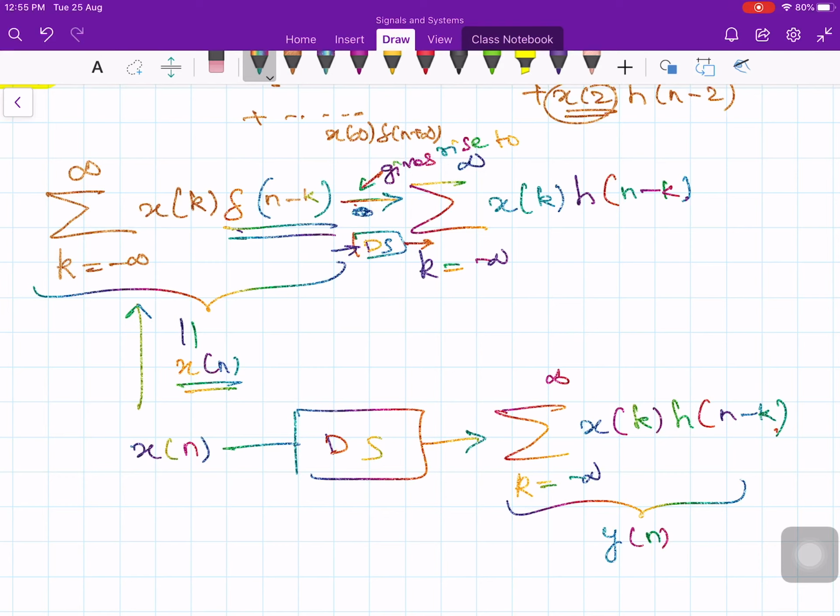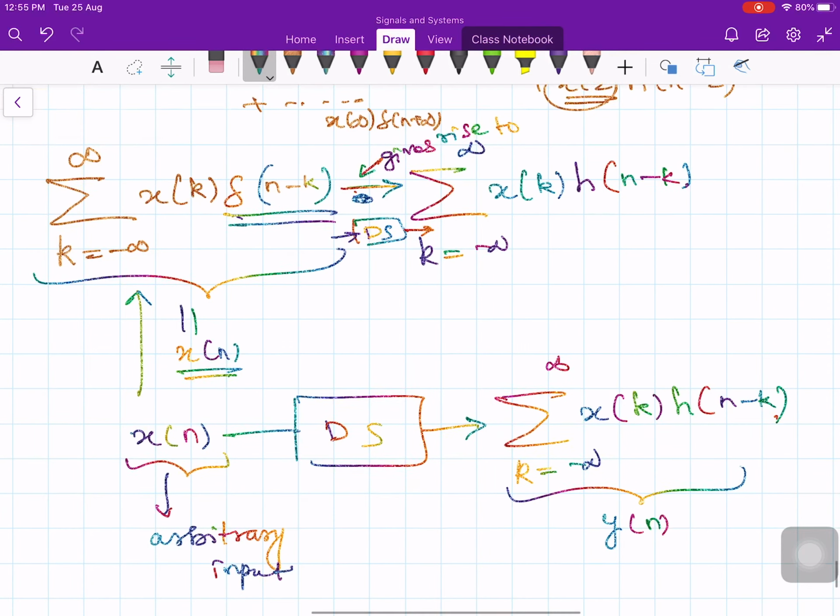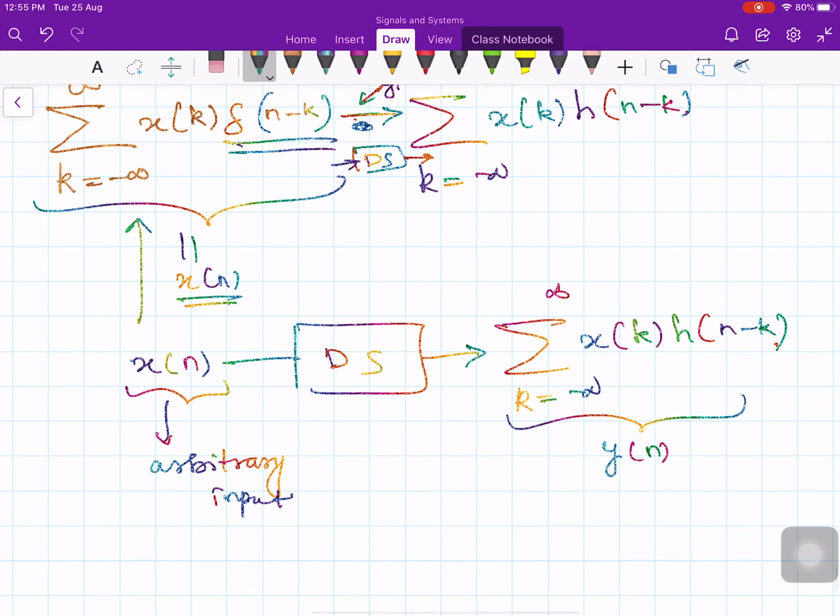So an arbitrary input, here x of n is not an impulse, it is an arbitrary input to the system. See, an arbitrary x of n can always be expressed in this form.